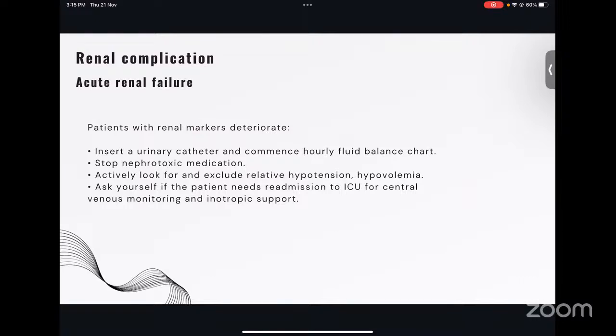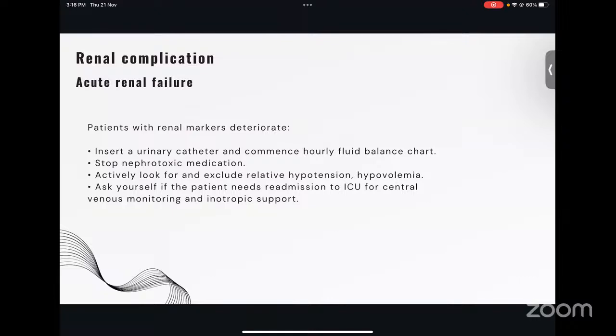Renal complications, starting with acute renal failure. Patients with elevated creatinine and urea who have returned to the ward should have serum electrolytes and renal markers checked daily. Start with insertion of a urinary catheter and monitor hourly with a fluid balance chart.